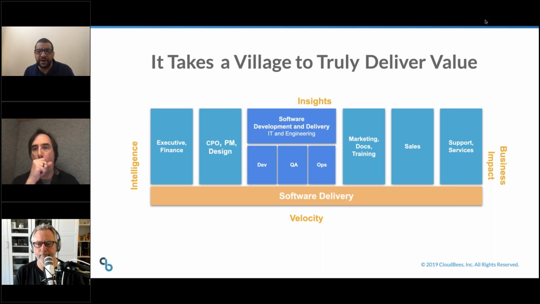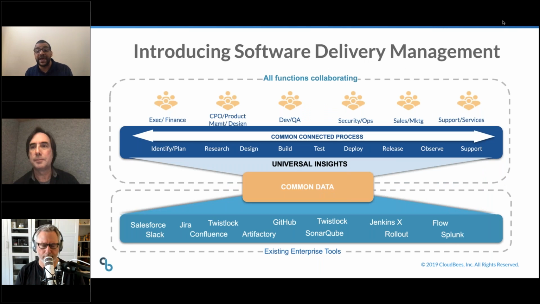And I'll talk a bit on the next slide about what we and others believe the answer to that is. And that's shoring up your CI/CD and DevOps, but then looking above and beyond it to implement a software delivery management, or SDM, strategy.